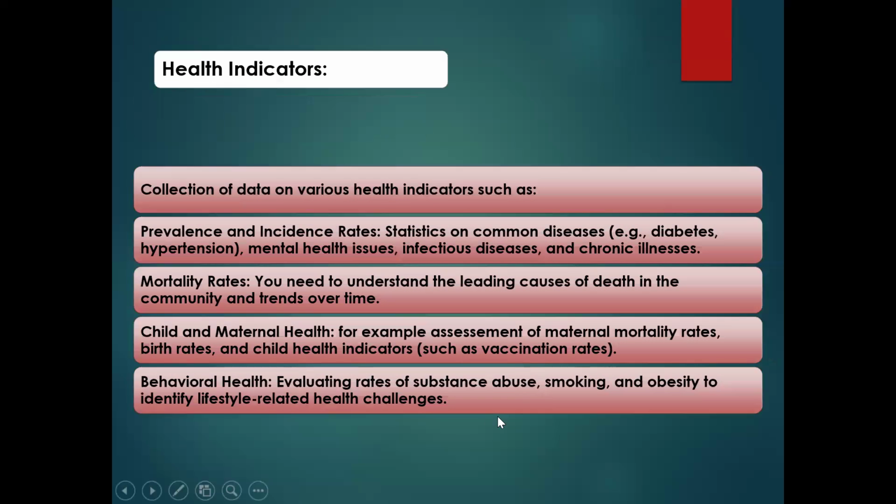Another component of a good situation analysis is health indicators. By the time you are collecting all this data, you'll be able to have access to information such as the prevalence and incidence rates of the conditions people are suffering from: diabetes, hypertension, mental health issues, infectious diseases, and chronic illnesses.